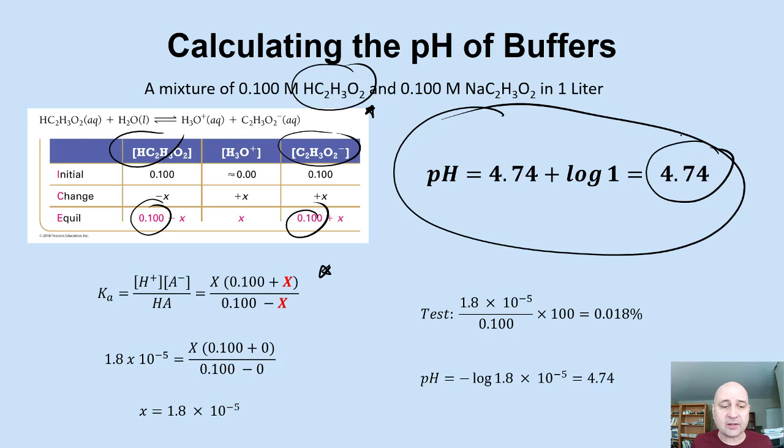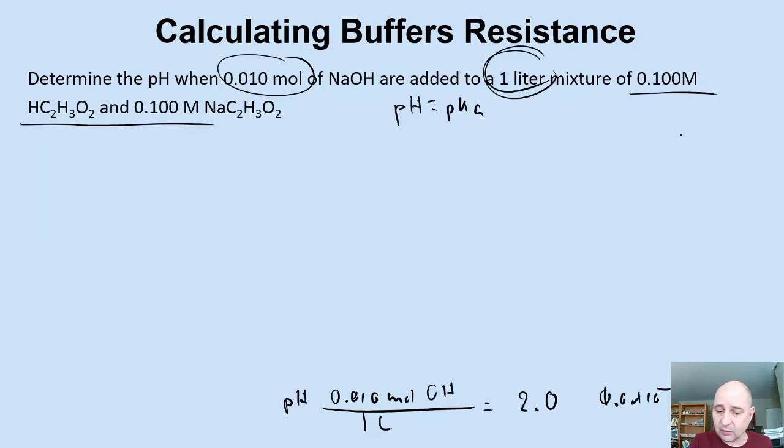So instead of having a 0.01 molar solution of sodium hydroxide, we're adding 0.01 moles of sodium hydroxide to this buffer. And since it's a liter, we don't have to worry about moles and volume here. We are just looking at the mole-to-mole ratio. So we can use the pH equals the pKa plus the log of the acetate.